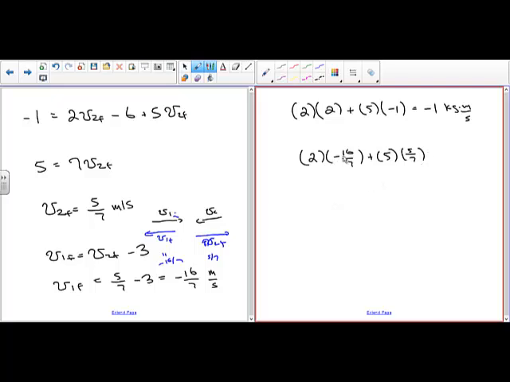And so there we'll get negative 32/7 plus 25/7. 32 minus 25 is 7, but because this is negative and this is positive, it's negative 7. So you get negative 7/7, which is negative 1 kilograms meters per second. So you can see that the initial momentum is equal to the final momentum. So when you work this problem, you got these sevenths things, you're like, what's going on? But now I feel better.